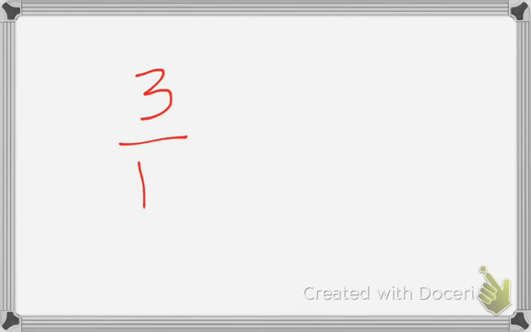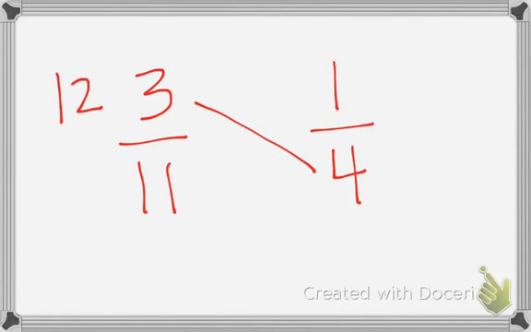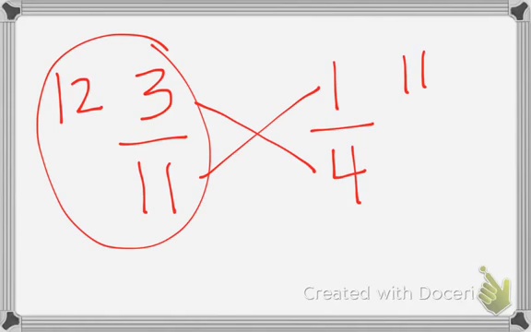So we're going to compare using cross multiplication. 3/11 was the fraction that I was working with. So cross multiply. 3 times 4 is going to give me 12. 11 times 1 is going to give me 11, so I know 3/11 is actually larger than 1/4.